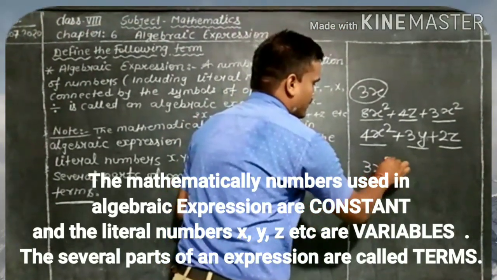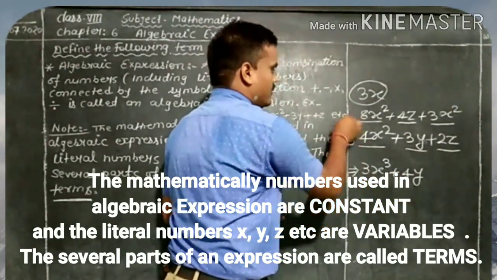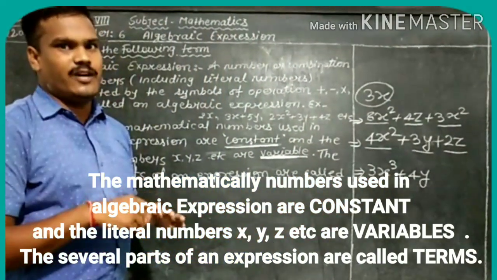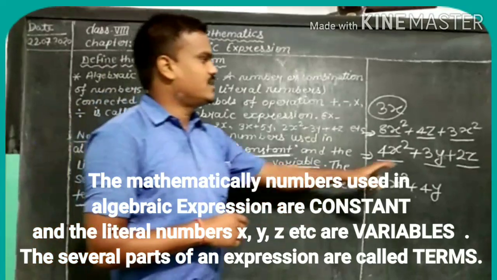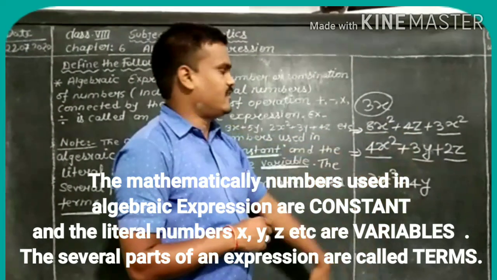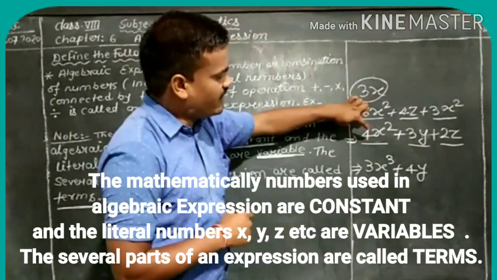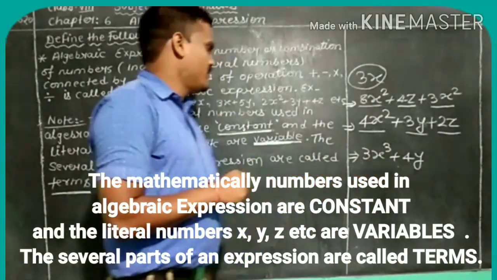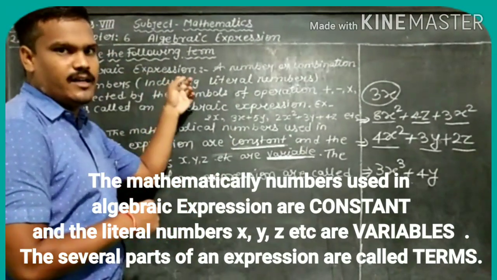Again in this example we have two terms. So if we talk about terms, then we just see how many times we have used a symbol of mathematical operation, meaning plus, minus, multiply, like this. So here one term, three terms, three terms, and two terms. So term means how many parts you are looking at in an algebraic expression.